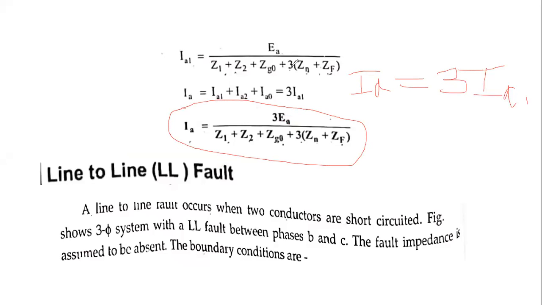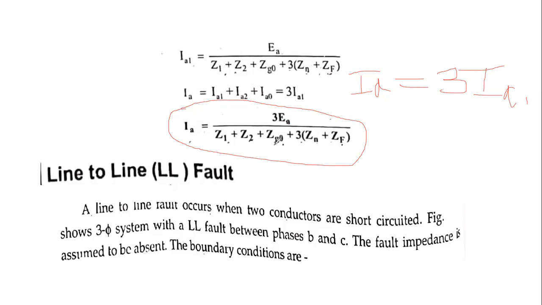Therefore, IA1 is equal to EA by Z1 plus Z2 plus Z0, where ZG0 is the ground impedance, plus 3Zn plus 3ZF. This is the formula for IA when we are connecting the fault impedance between the line and the ground.